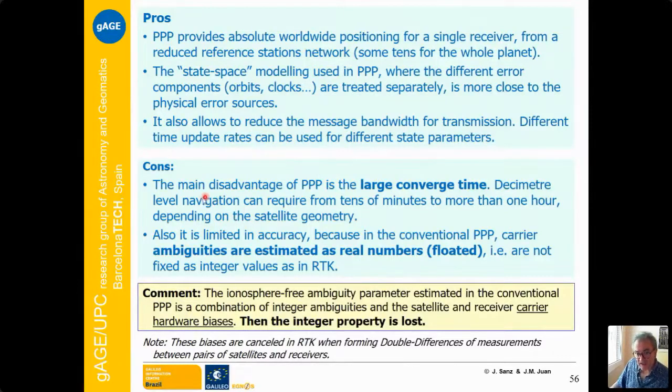The con is, as I commented, the large convergence time. And the accuracy is a little bit worse because the ambiguities in PPP are not fixed. The problem here is that in PPP, we don't take advantage of modeling the ambiguities as integer numbers.